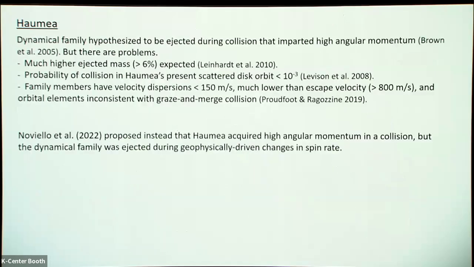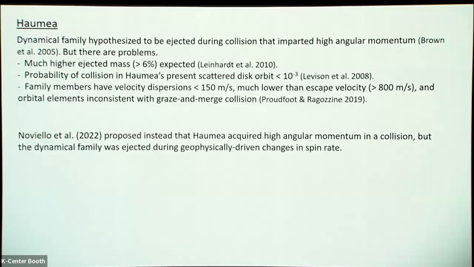So when it was discovered, it was hypothesized to have had this dynamical family because of a collision. The collision would give it a high angular momentum state and knock off fragments. And that made some sense, but there are problems with that hypothesis, including the fact that you really expect a lot more mass than we've eventually discovered.